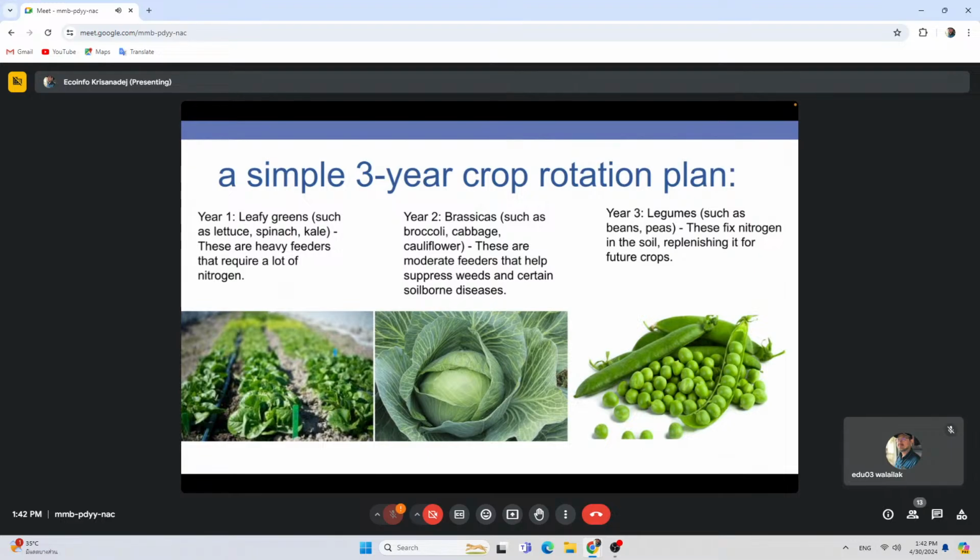So you can do a 3-year crop rotation like this, and then you will be rich. Good looking, all the neighbors want to be your friends because you always have good looking produce to serve the farm. Okay, now any questions?